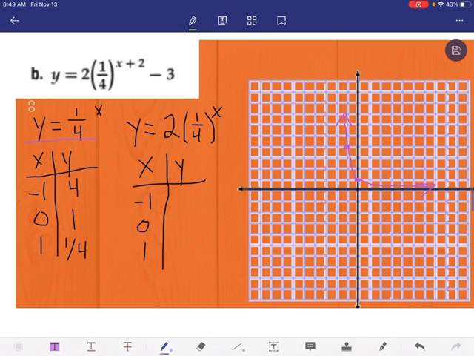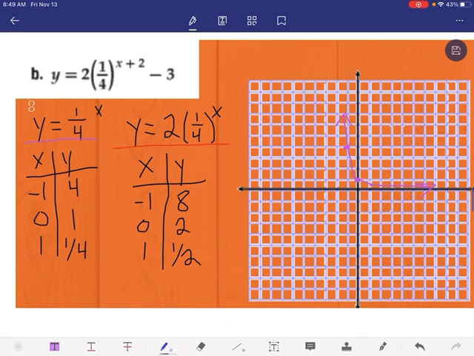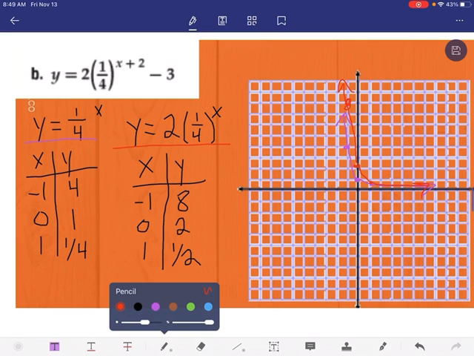So our inputs are going to be the same, but our outputs are all going to be multiplied by 2. So notice that our graph has been stretched vertically, up and away from our axis.